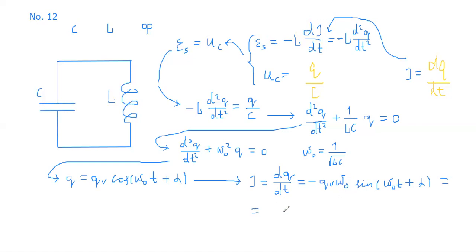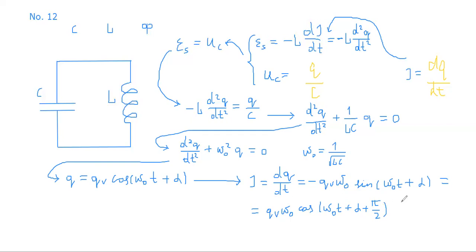This is the maximum value, qv omega 0, times cosine of omega 0 t plus alpha plus pi divided by 2.